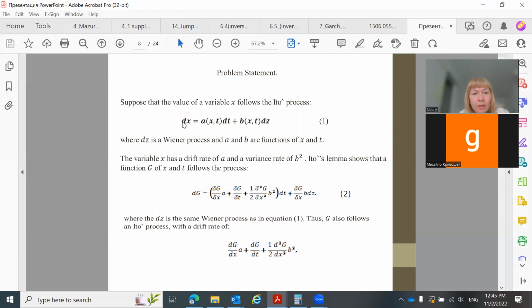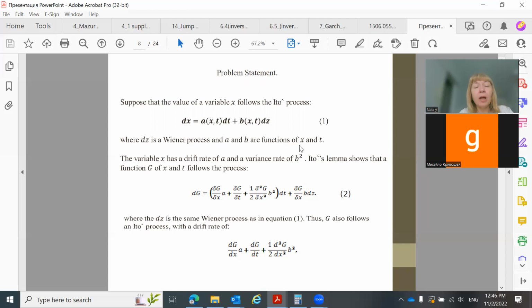And Ito's lemma states that if we have a stochastic process in the form of a diffusion, as we repeated today already, dX equals a(X_t) dt plus b(X_t) dz, where z is the Brownian motion or Wiener process. We can write z, B_t or W_t, it is up to you too.